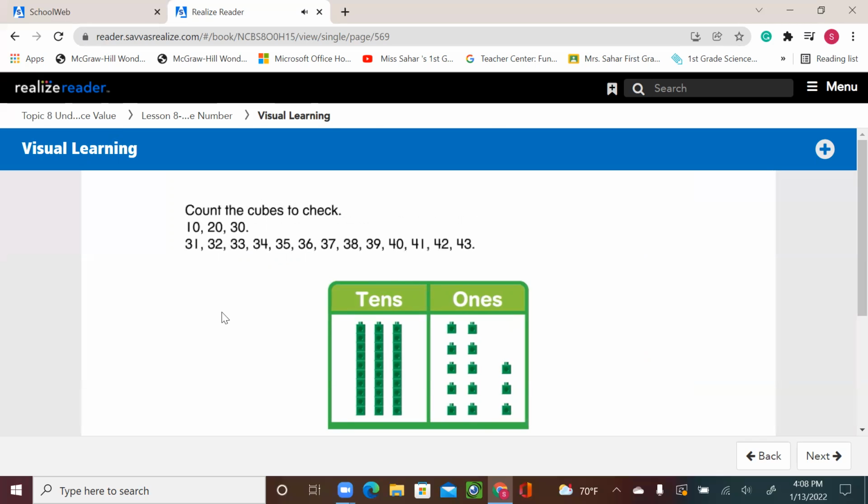Count the cubes to check. 10, 20, 30, 31, 32, 33, 34, 35, 36, 37, 38, 39, 40, 41, 42, 43.